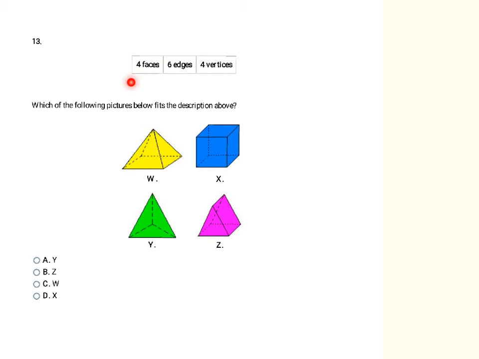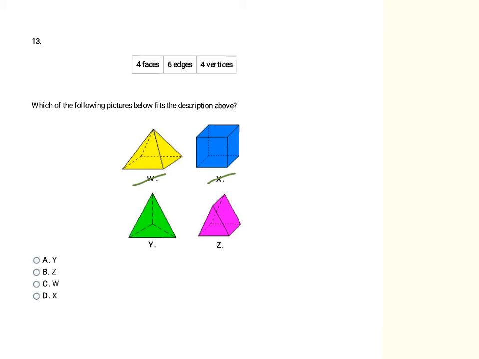So I'm going to go through and cross out the ones that don't have 4 faces. So W, I have 1 on the bottom, and 4 triangles around the side of that square for a total of 5 faces, so it can't be W. X is a cube, and a cube is 6 squares, so that will have 6 faces, not 4.